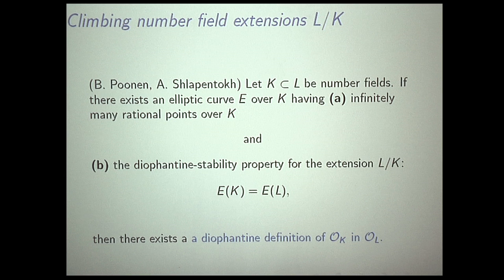Now, as I said, I was collapsing a certain amount of the history of the subject. For a long time, one only knew this if the Mordell-Weil rank of the elliptic curve was 1.